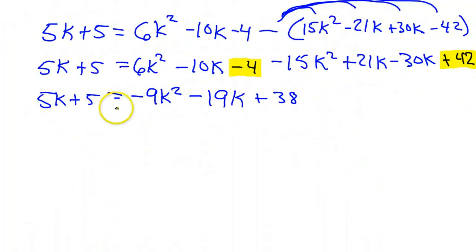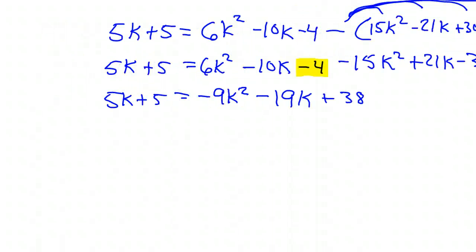Now, let's get 0 on one side. Okay, should I bring everything over here? I really want my k squared to be positive, so I think I'm gonna move all three of these things over to the left. So I'm gonna add 9k squared to both sides. And I'm going to add 19k to both sides.